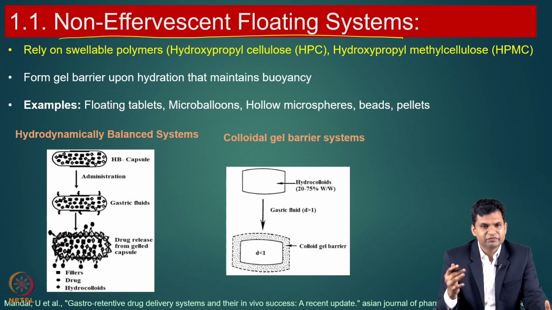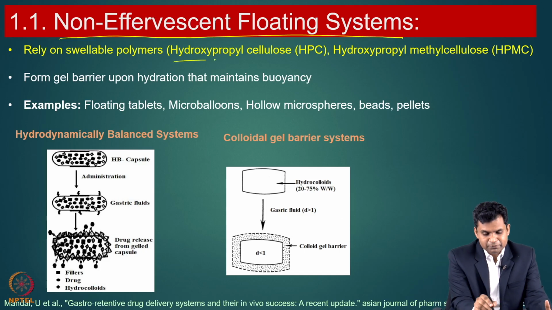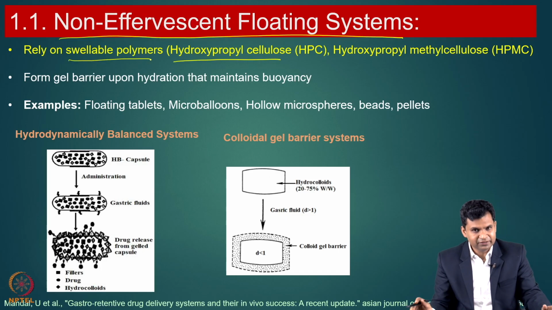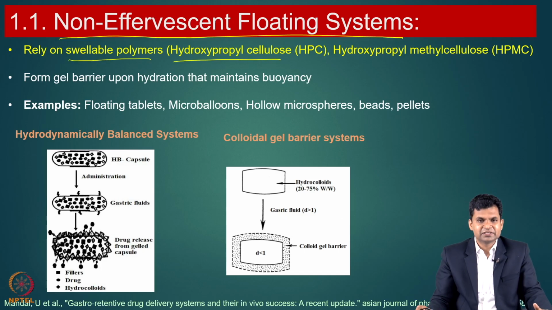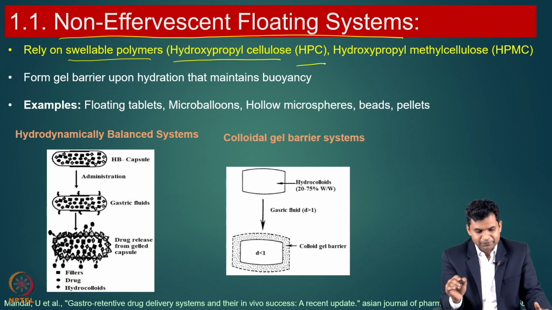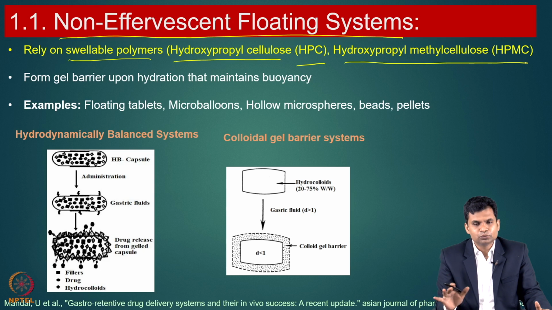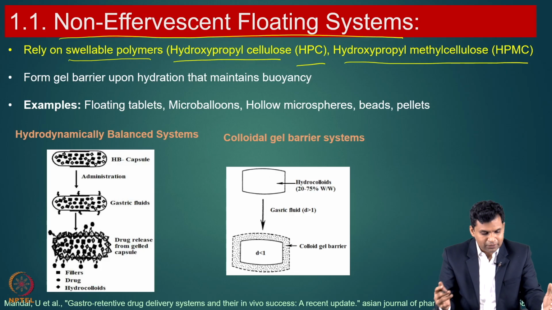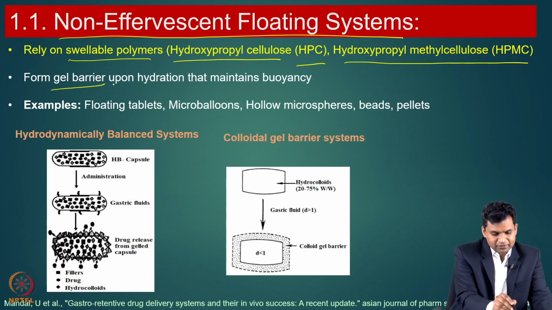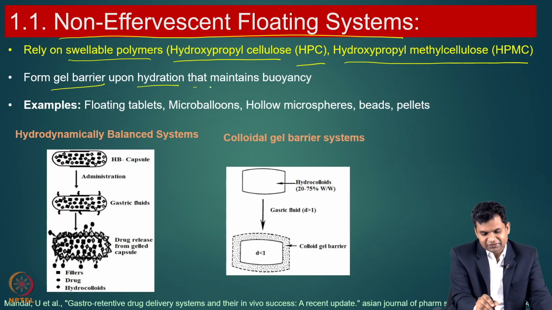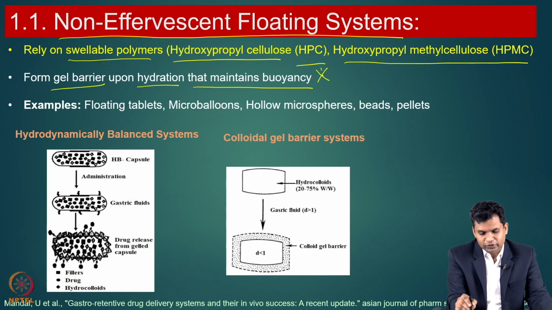In that we will use various polymers which swell in the GIT fluid. The best examples are hydroxypropyl cellulose, that is HPC, and hydroxypropyl methyl cellulose. These are the two best polymers which swell in the GIT fluid, and they form the gel barrier upon the hydration, that will help in the floating.